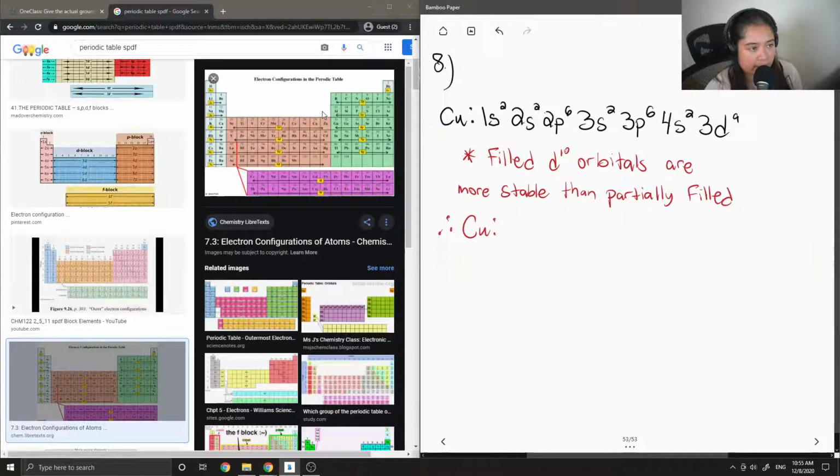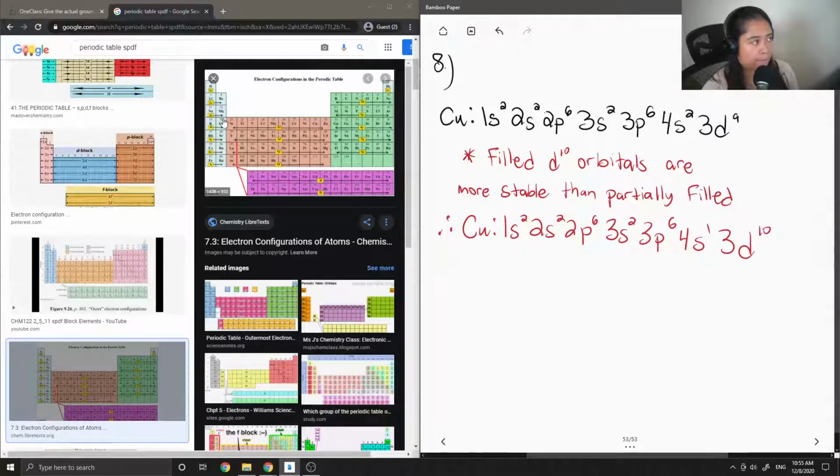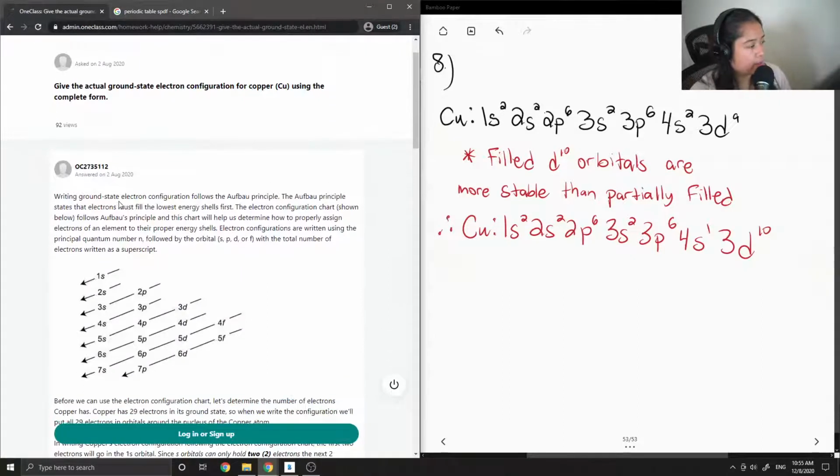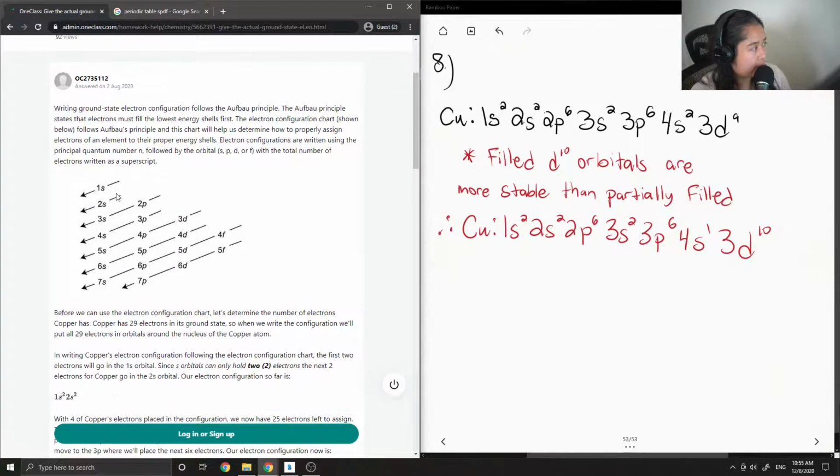So therefore we can rewrite the electron configuration so that it is 4s1 and then 3d10. Okay, so let's see what the junior tutor said.